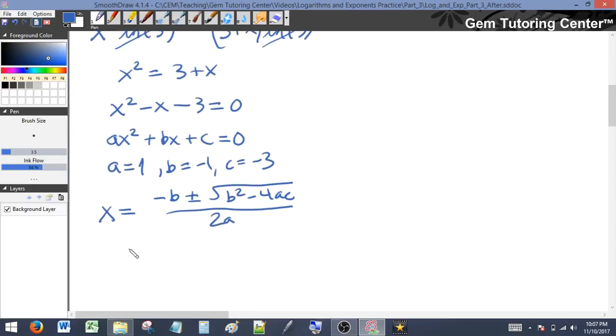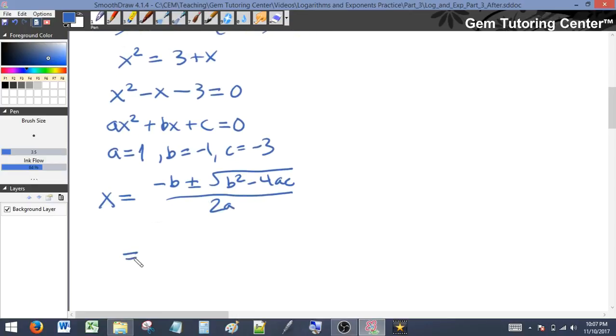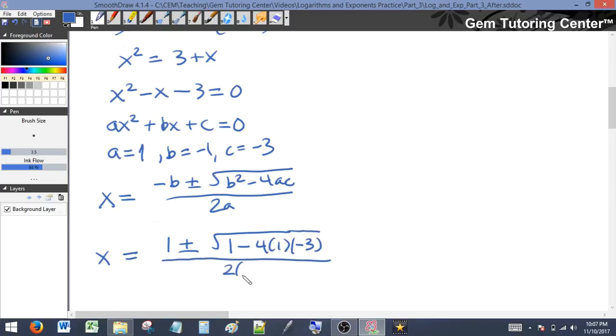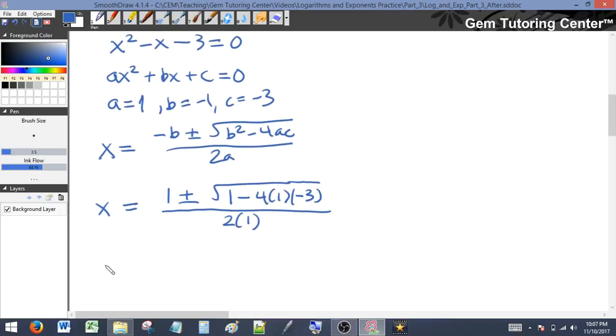Okay? So let's plug in values for b, c, and a. Negative b is going to be negative negative 1, which is 1, plus or minus b squared is going to be just 1, minus 4 times 1, and then times negative 3. And then divide this by 2 times a, which is 2 times 1.